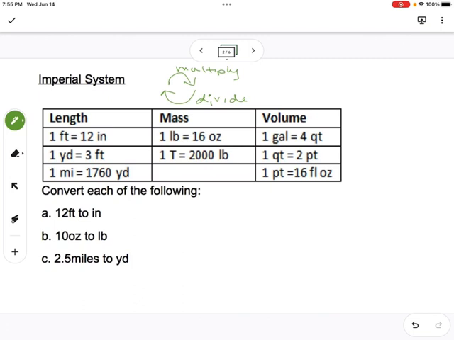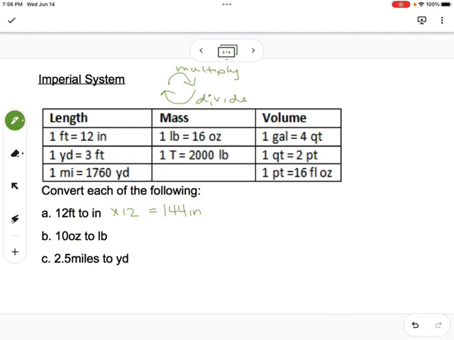The first one is going from 12 feet to inches. We notice that's this first one here. Feet to inches. Since we're going left to right, we want to multiply by 12. And that'll give us 144 inches.